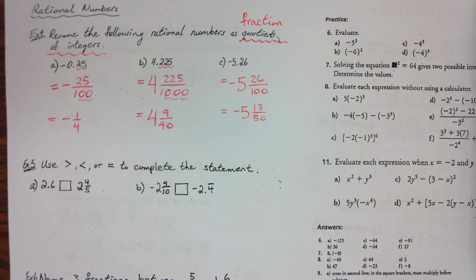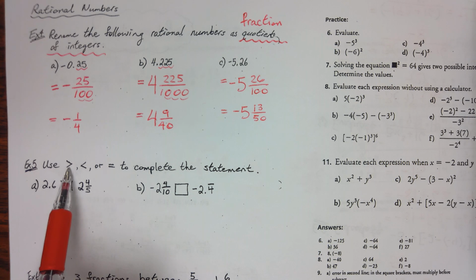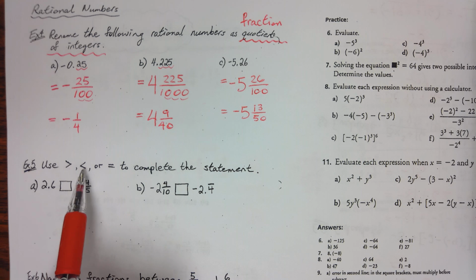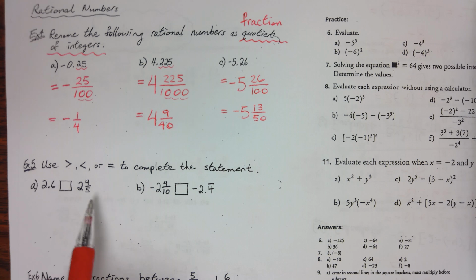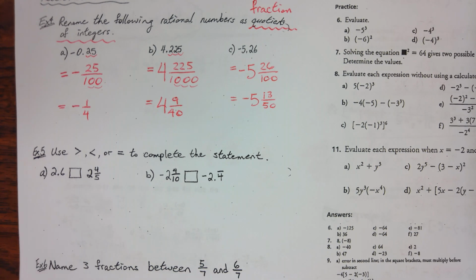Nice and easy. I think you guys did really good with example 4. Let's move on to example 5, inequalities. I think yesterday or the day before, we talked about greater than, less than, or equal to. Do you think fractions are easier or decimals? Decimals, definitely, by far.